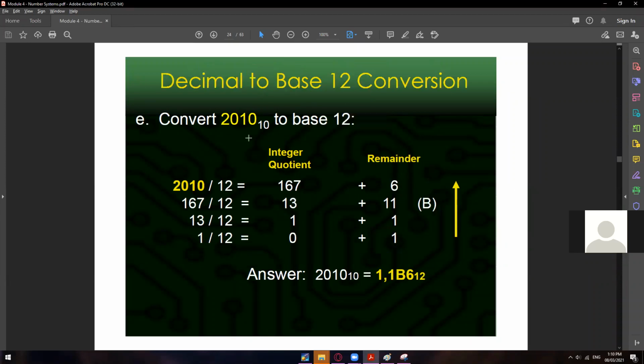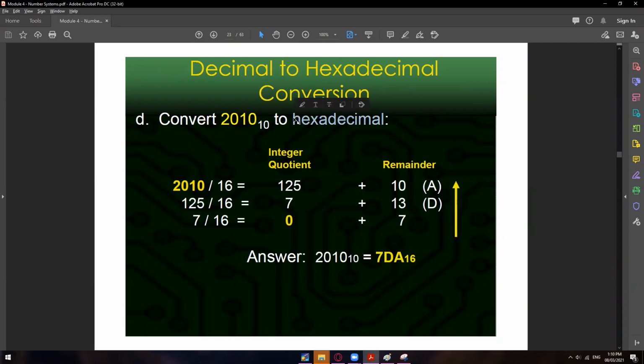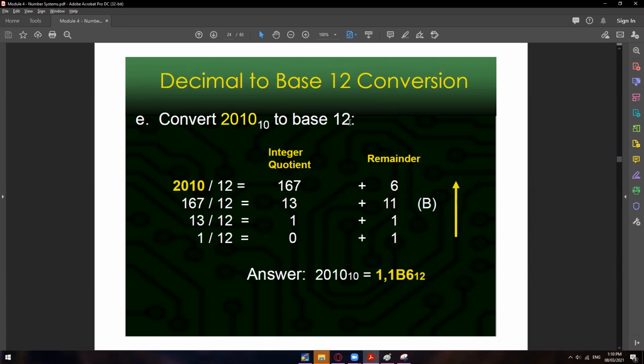And then here is for the base 12. So before we had a divisor of octal, which is 8, a divisor of hexadecimal, which is 16. Right now we have a divisor of 12. So same process, everything is the same. 2,009 divided by 12 is 167 point something. So just multiply the fraction by 12 and you will get a remainder of 6.